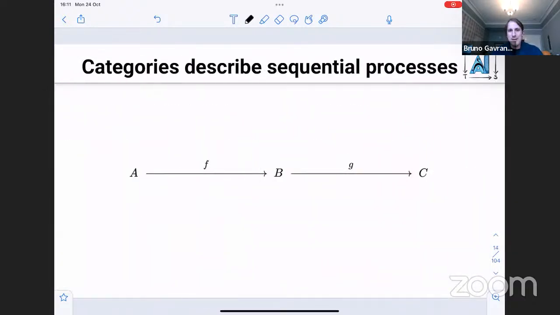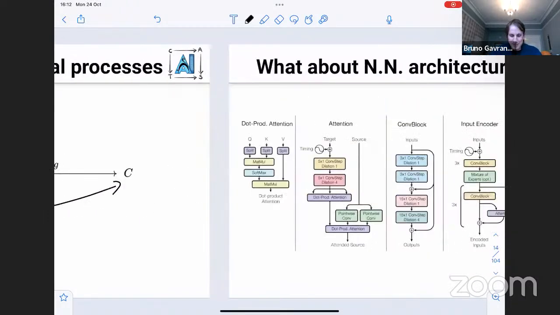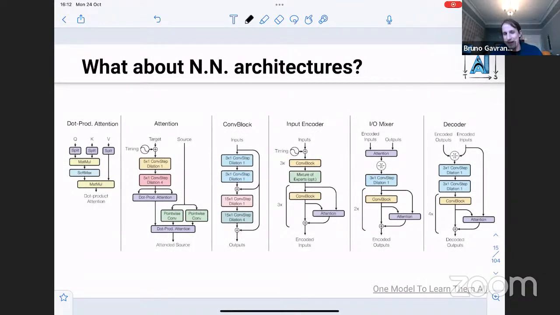So after this very short interlude reminding you of what we've done, I want to emphasize that what we've done so far in these 2 weeks is we talked about categories, and we described how they talk about sequential processes. We've seen some commutative diagrams and some arrows say F going from A to B, G going from B to C, and we talked about ways of composing them. So these are sequential processes, but as you know, being in deep learning and neural networks, the kinds of systems and the kinds of processes we study are very complex.